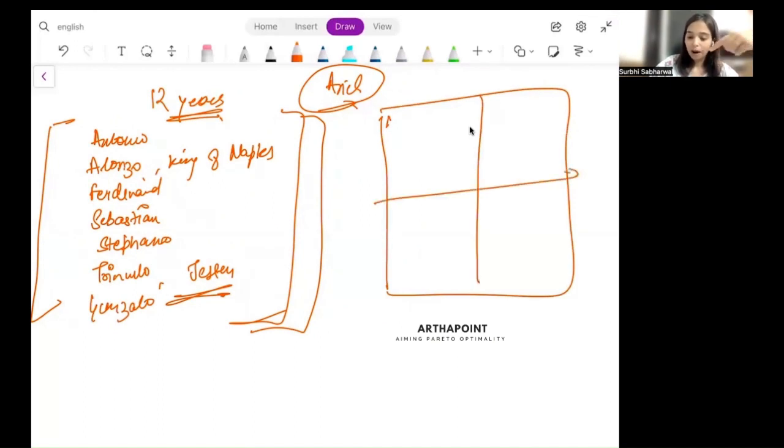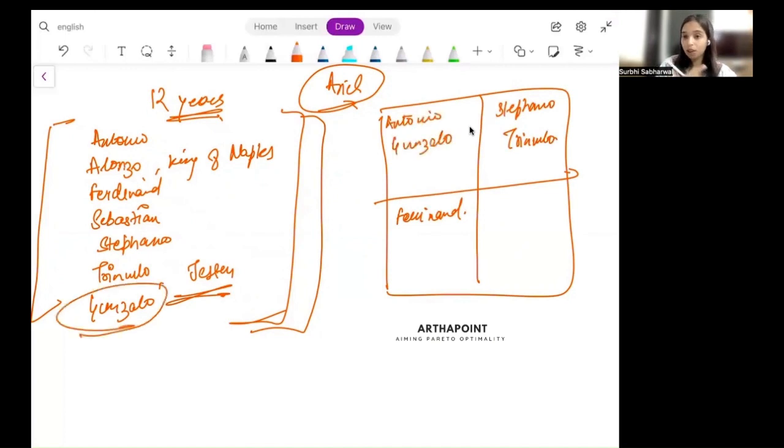On one part of the island falls Ferdinand. On another part of the island falls Stefano and Trinculo. And on the third part of the island falls Antonio, Gonzalo, the faithful servant. You must remember, I just told you that there was a faithful servant that provided him books. You have Alonso, king of Naples, and you have Sebastian, his brother.